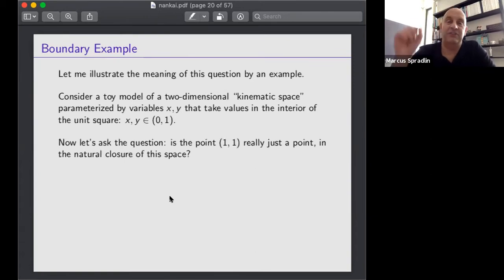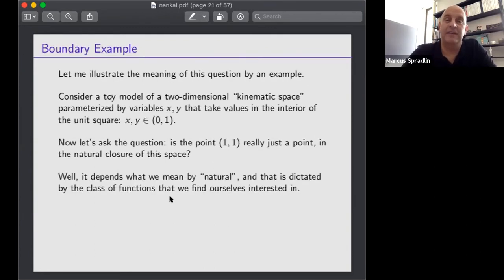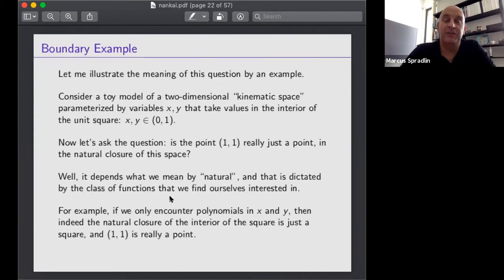And let's ask the question, is a corner of that square, 1, comma 1, really just a point? Or is it more than a point? And the answer is it depends on what the natural functions that we're interested in studying on this space are. So for example, if the universe of functions that we're interested in studying are polynomials in x and y, then yes, 1, comma 1 is really just a point. There's no additional structure there.